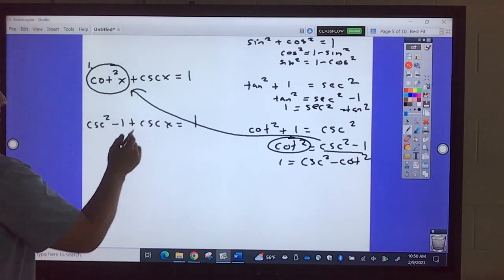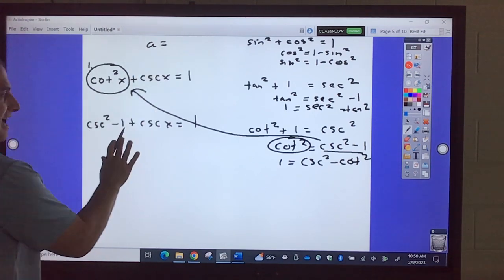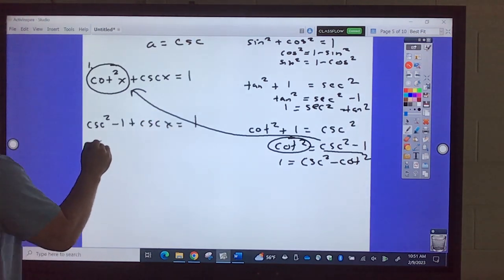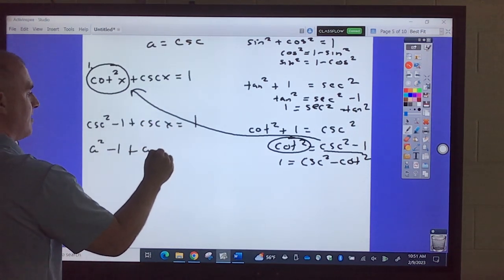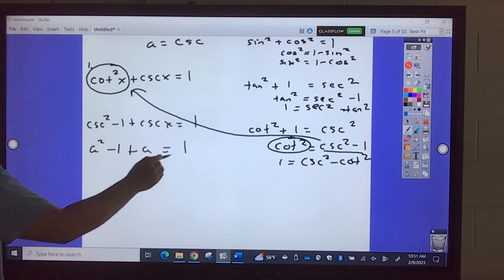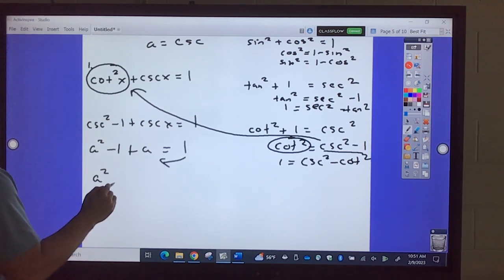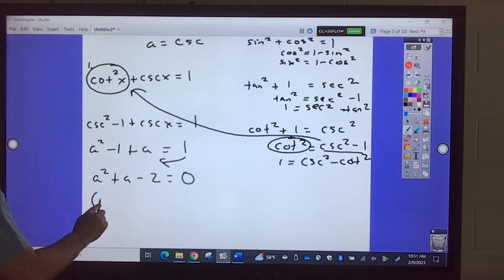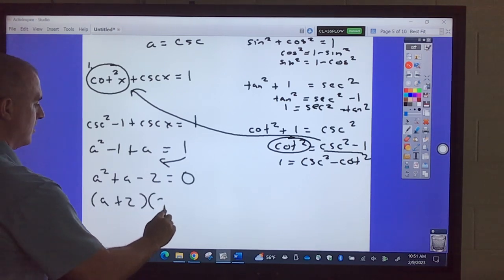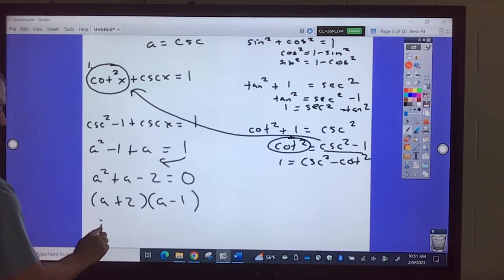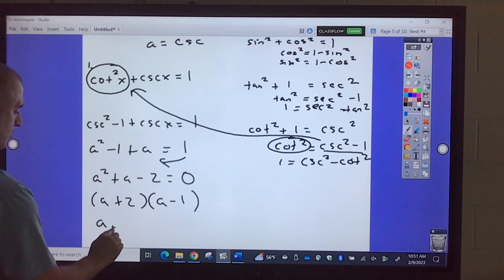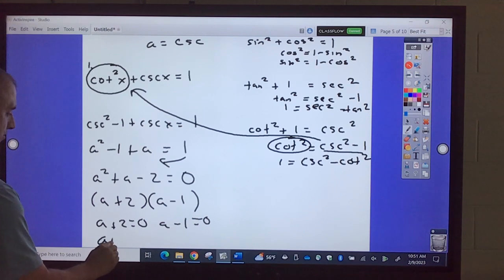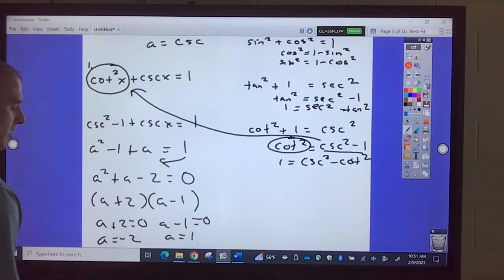Now, if you want to substitute, now that I'm back to one trig function, cosecant, that's going to be a squared minus 1 plus a equals 1. Bring that 1 back over. I got a squared plus a minus 2 equaling 0. Factored, that would be a plus 2, a minus 1. A plus 2 equals 0, a minus 1 equals 0. That would be a equals negative 2, and a equals 1.